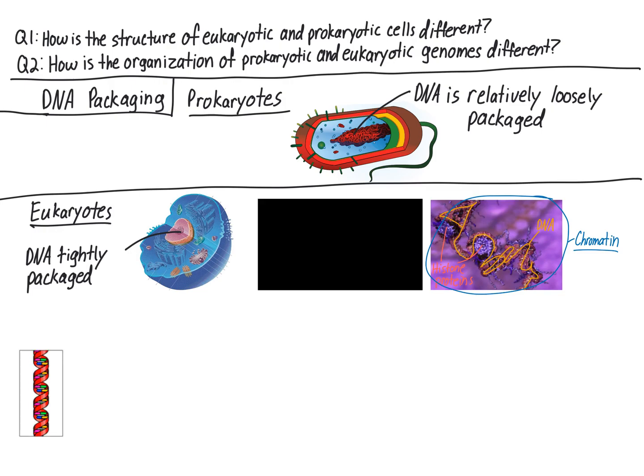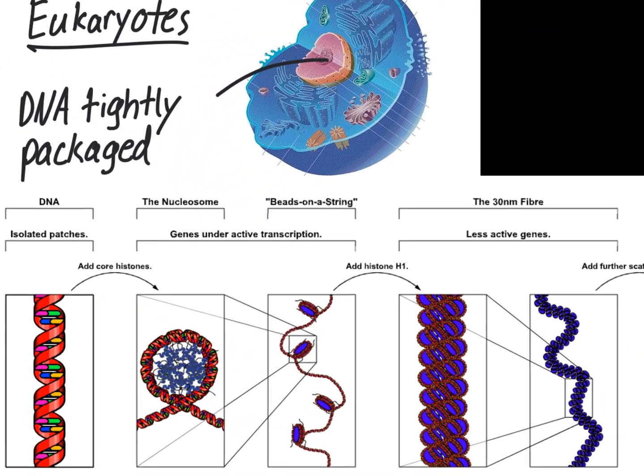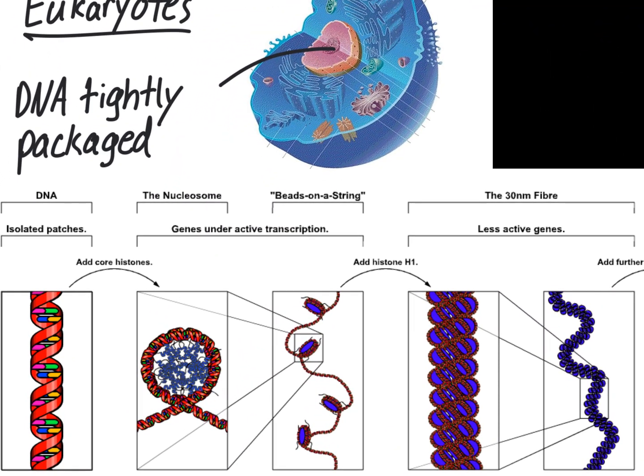The double helix of DNA can be greatly condensed into more tightly packed forms of chromatin. Double-stranded DNA is wrapped around 8 histones, forming a nucleosome.